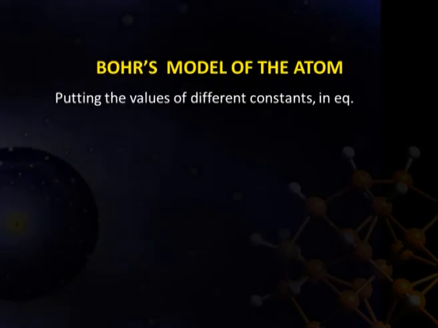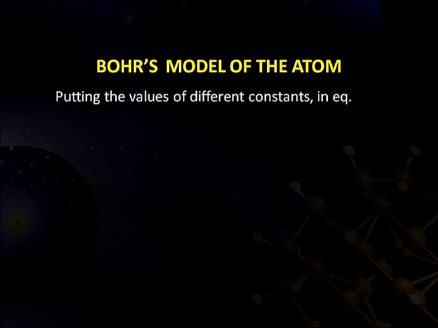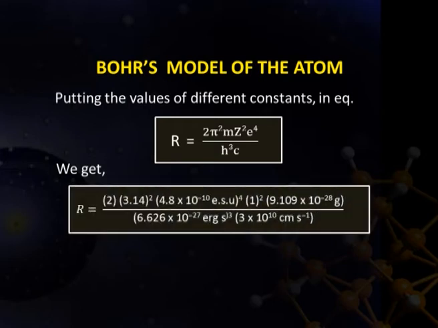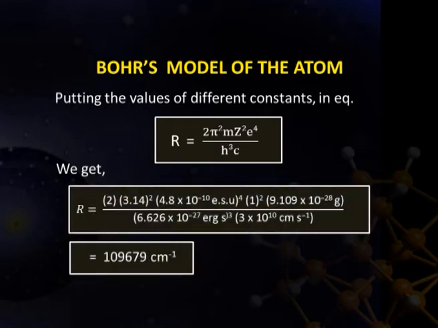By putting the values of different constants in this equation, we can get the Rydberg constant equivalent to 109,679 centimeter inverse.